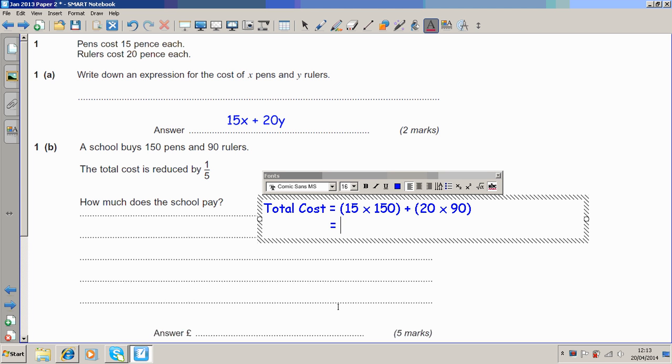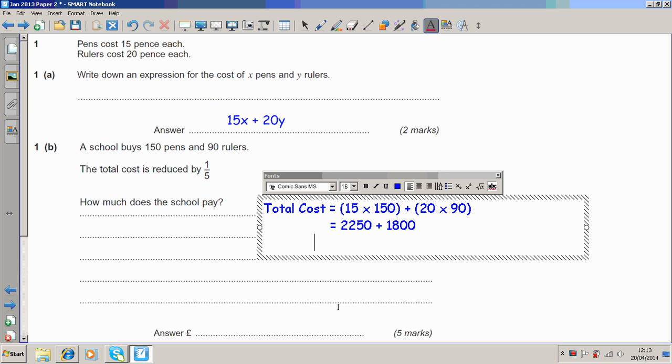Remember, we're allowed a calculator on this one. 15 times 150 is 2250, and 20 times 90 is 1800. So that is going to be equal to 4,050 pence.